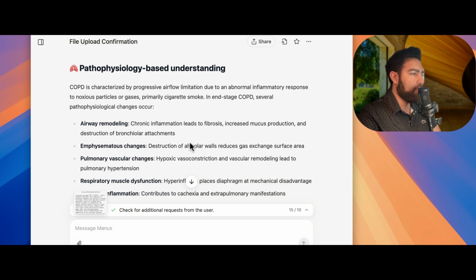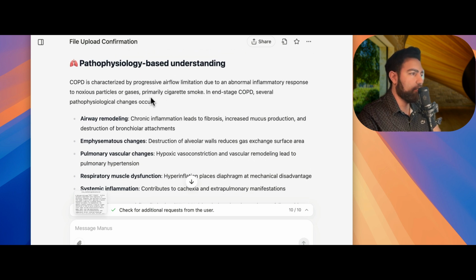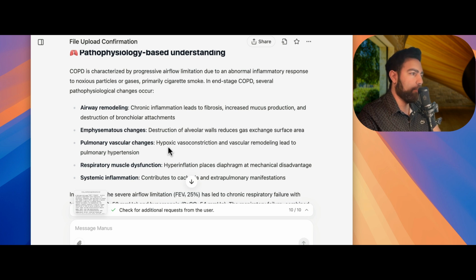This is the pathophysiology of disease. COPD is characterized by progressive airflow limitation. It could be due to an abnormal inflammatory response to noxious particles or gases, primarily cigarette smoking. In end-stage COPD, several pathophysiological changes happen, which are very important to know.